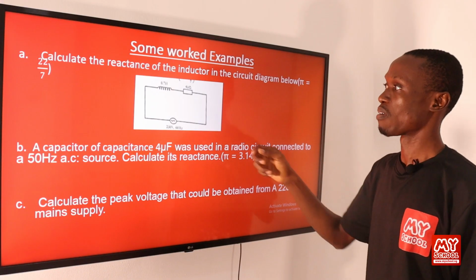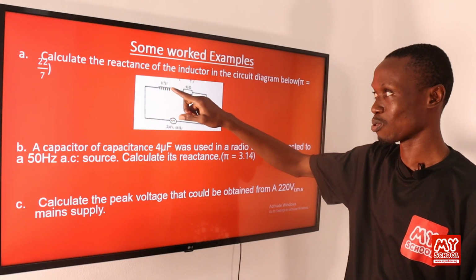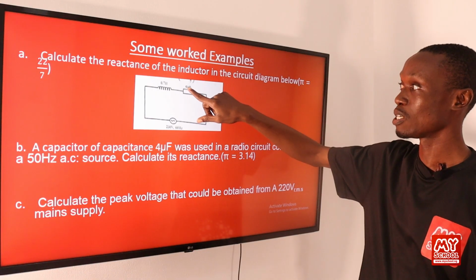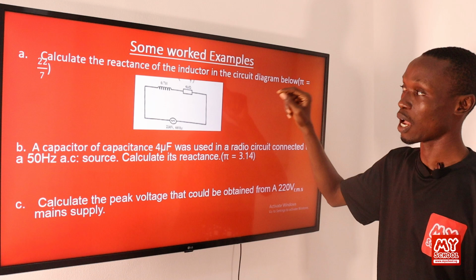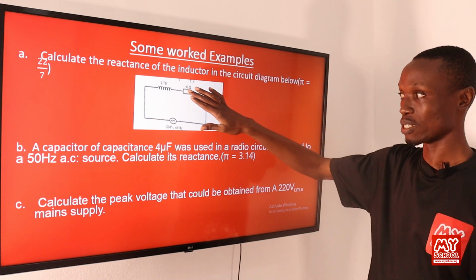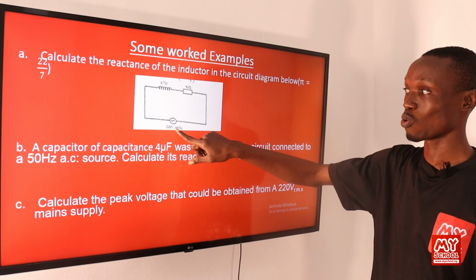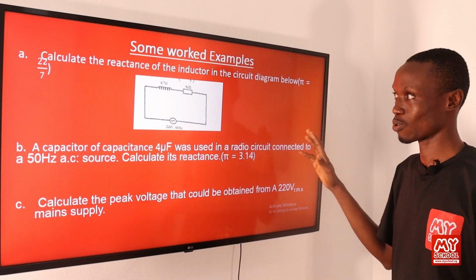Remember this is the symbol of inductance. The 50 ohms represents the resistance and not frequency. The frequency here is given as 60 Hz.